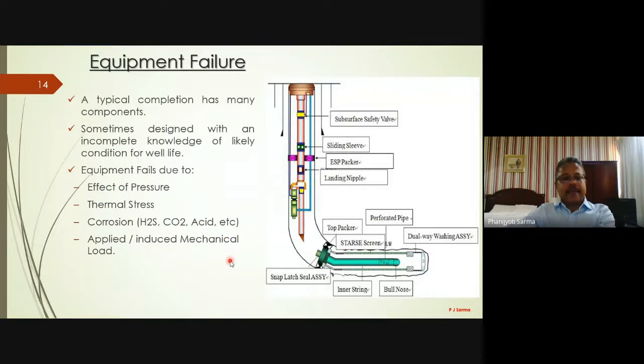Then applied or induced mechanical loads, because we are doing a lot of activities including pumping, so additional load has been applied, and because of that also the equipment may fail. And if the well is getting produced with sand, then sand erosion happens, and these are the predominant causes of the equipment failure.